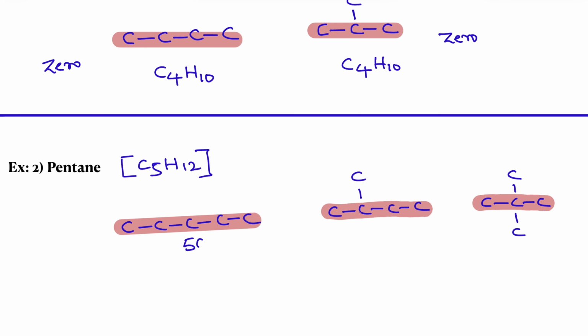This is 5 carbon chain, 4 carbon chain, 3 carbon chain, but they have same molecular formula. All three are having same molecular formula, but they have different principal carbon chains. Therefore they are said to be chain isomers.